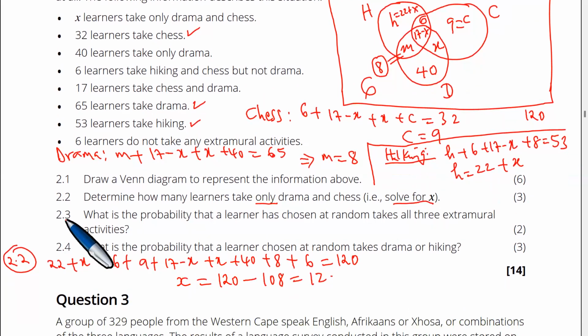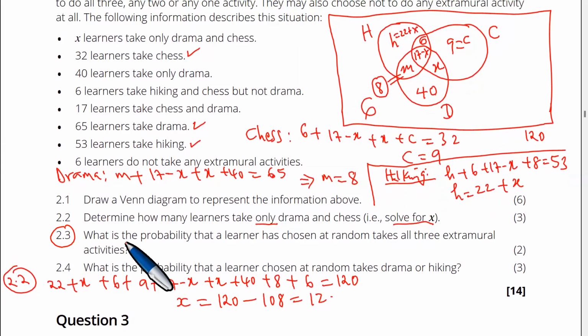Now question 2.3 says, what is the probability that a learner chosen at random takes all 3 extramural activities? A learner chosen at random takes all 3.